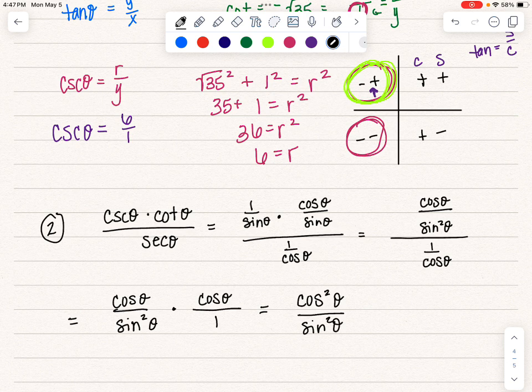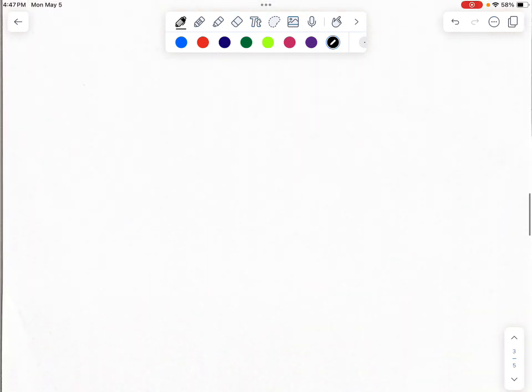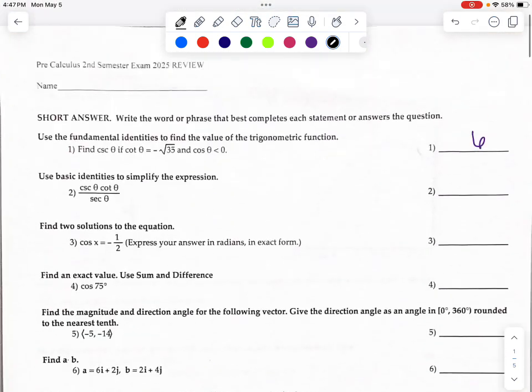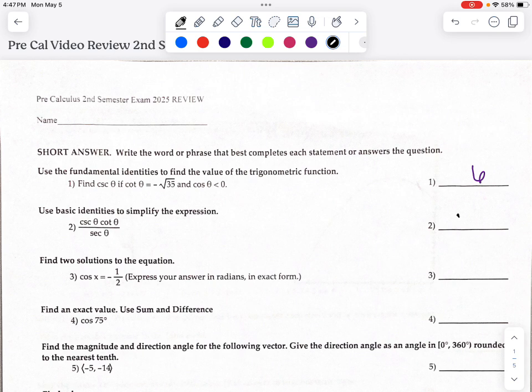And as I have mentioned like 3 times by now, I know that cosine over sine is cotangent, which means that if it's squared, it's cotangent squared. So that is the correct answer for number 2, cotangent squared.